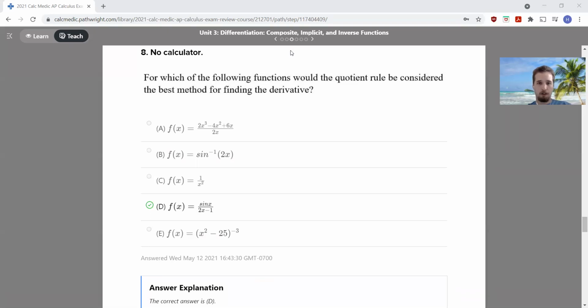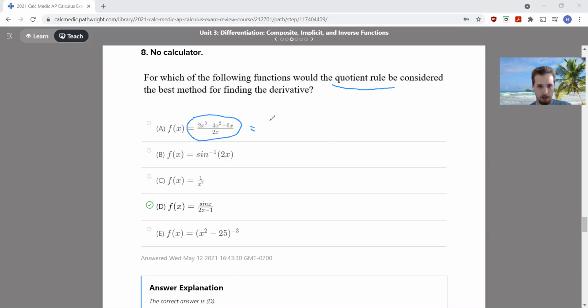Okay, these last couple aren't too bad. Which of the following functions would quotient rule be considered the best method? Okay, so we want to use quotient rule. So this is going to be guess and check, right? Is this one good for quotient rule? Well, we could use quotient rule, but it's not the best method because every single one of these I can take out a 2x from.